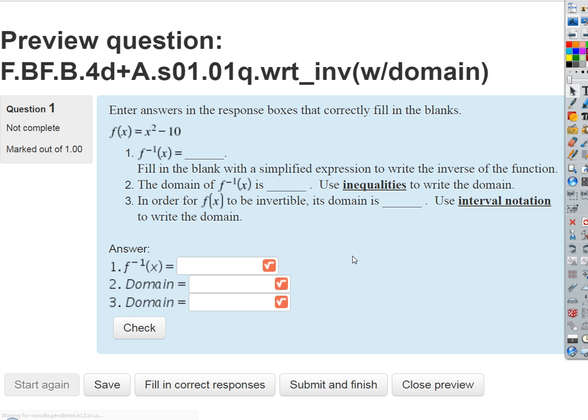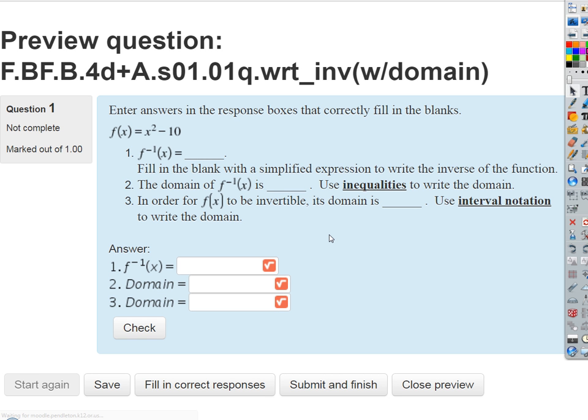So I want to know what's the inverse function, what's the domain of the inverse, and what's the domain of the original if we want there to be a one-to-one correspondence, so they reflect onto each other. The first part's really not a big deal. What's our recipe again if I want to find an inverse? First step, write it in terms of y.